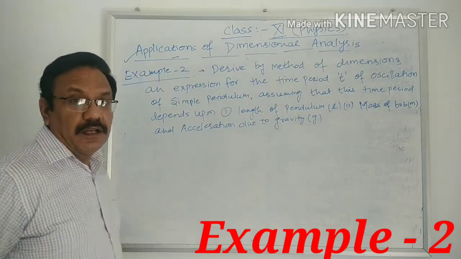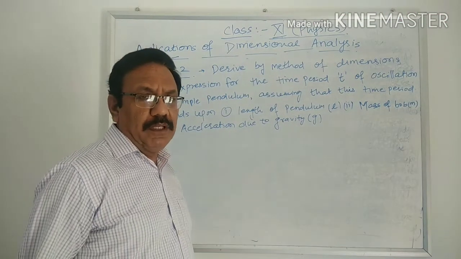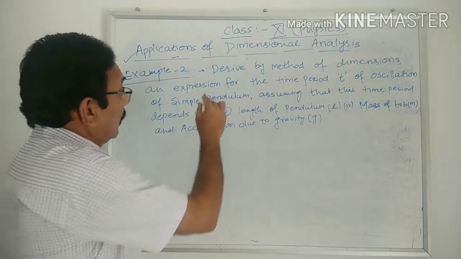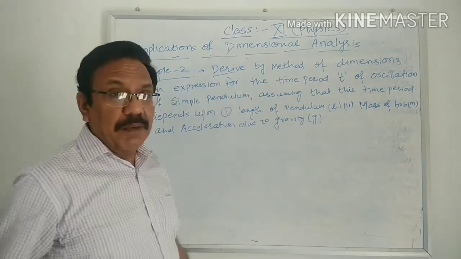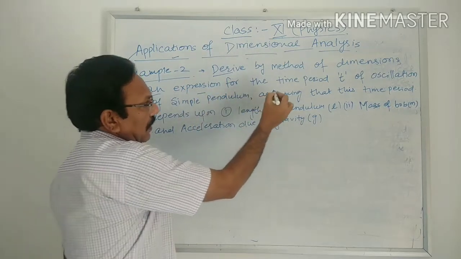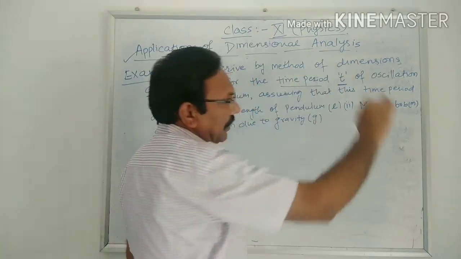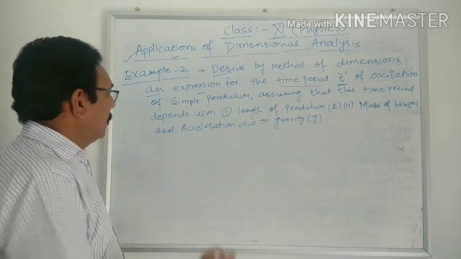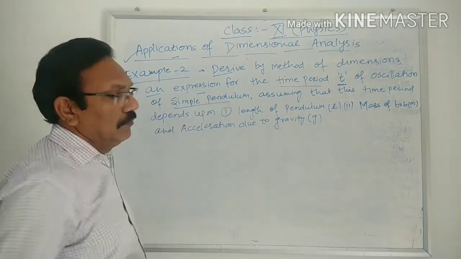Now take one more example. Derive by the method of dimensions an expression for the time period t of oscillation of a simple pendulum.